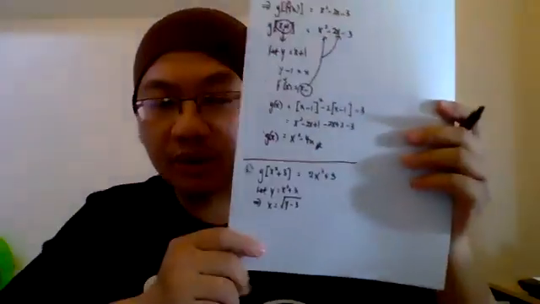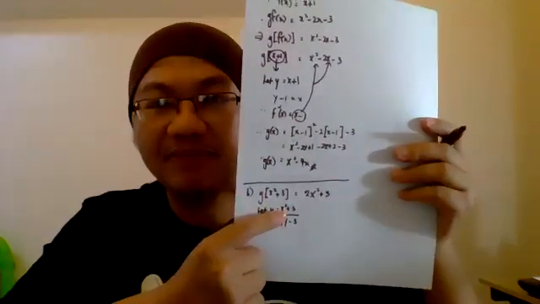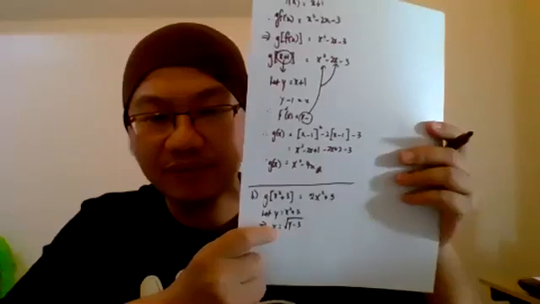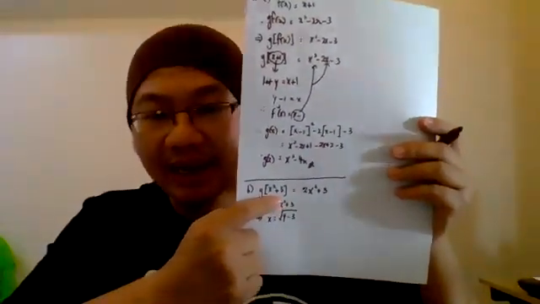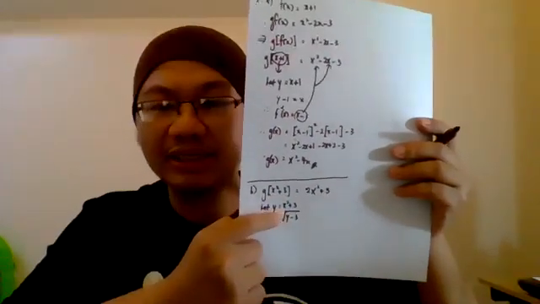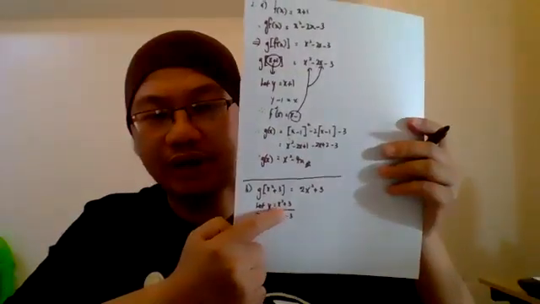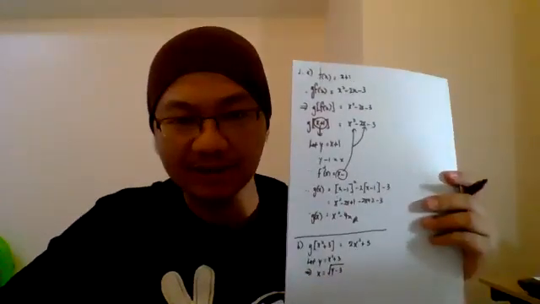Therefore x equals to, so when we let y equal x squared plus 3, now I want x to become the subject. So since x squared is positive, the 3 I move to the other side, so it becomes y minus 3 equals x squared, and the squared I move to the right side so that it becomes square root. So x equals the square root of y minus 3. Okay, this is how we find the inverse.